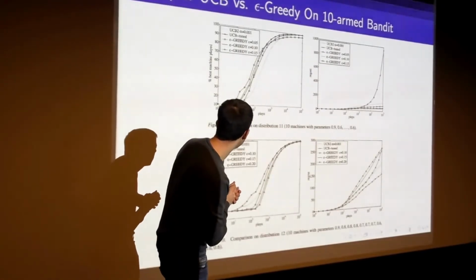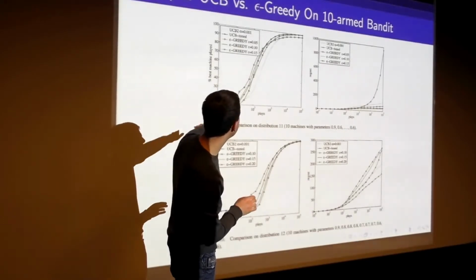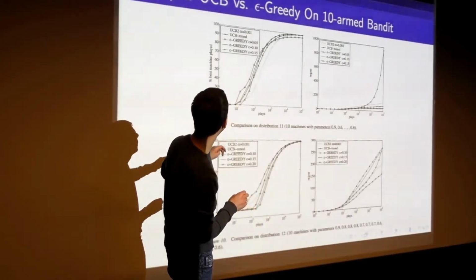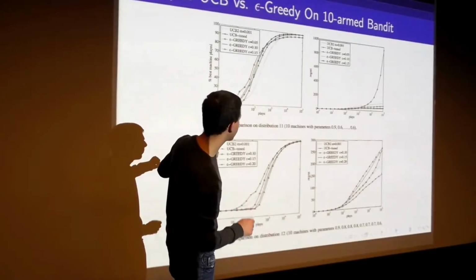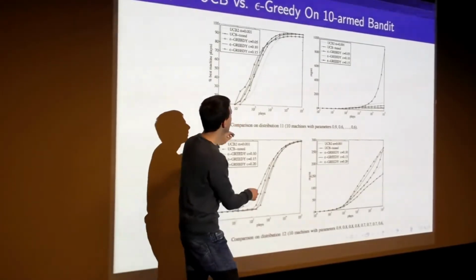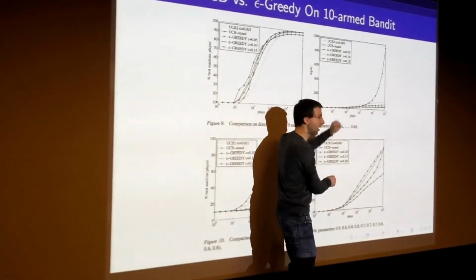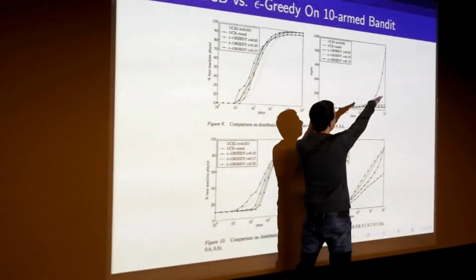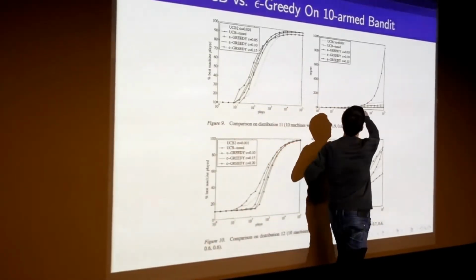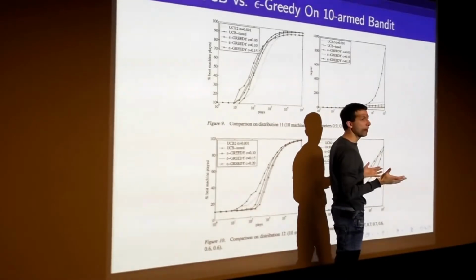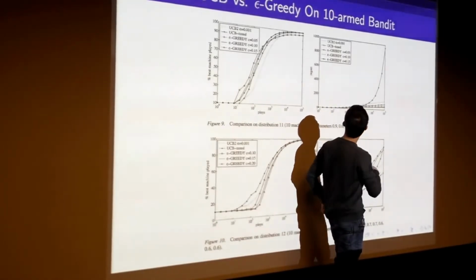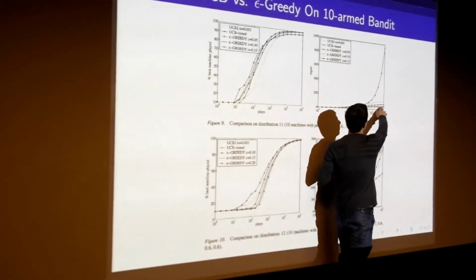So it might be difficult to pick out, but yeah, in each case the UCB algorithm is doing really very well. And what we're looking at is the total regret here on the right-hand side. This is the total regret over time, and you can see that if you use the wrong epsilon value, things just blow up. But the UCB algorithms do really quite well.